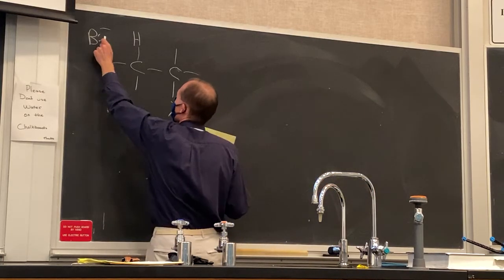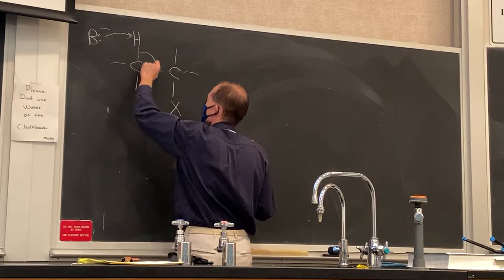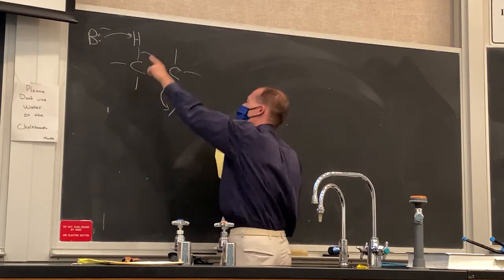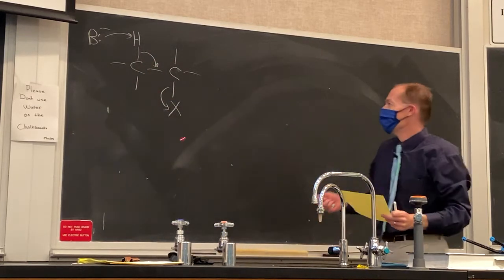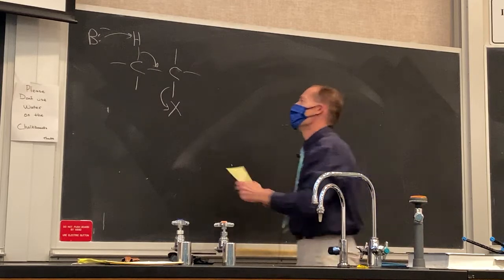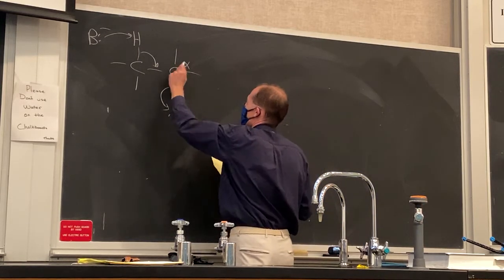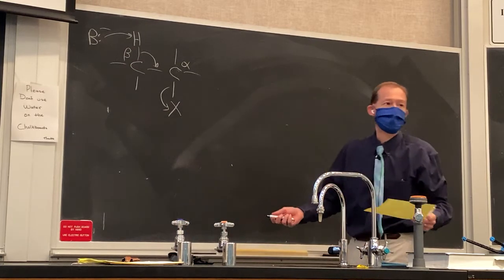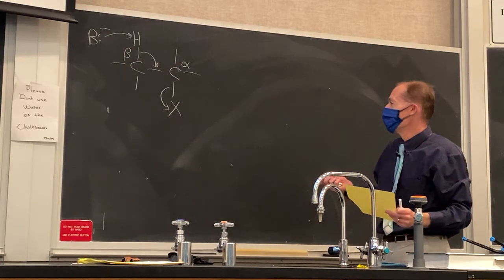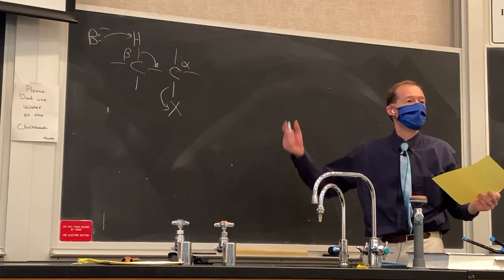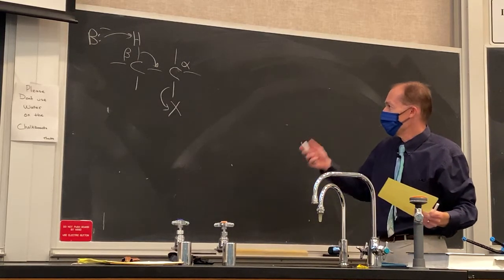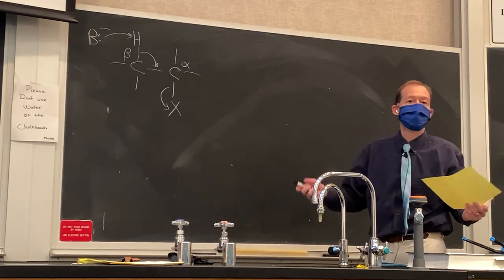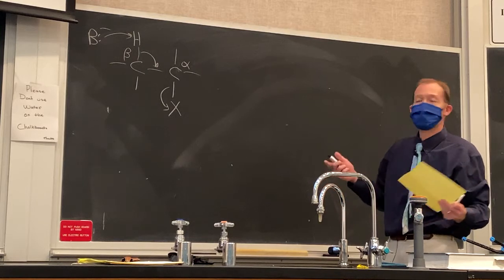It doesn't have to be, but most of the time it will be. That base is going to deprotonate what we would call a beta hydrogen. So there's some Greek letter nomenclature that we can use with alkyl halides. We can say that the carbon bearing the alkyl halide is the alpha carbon, and the carbon adjacent to it is the beta carbon. So we remove a beta hydrogen atom.